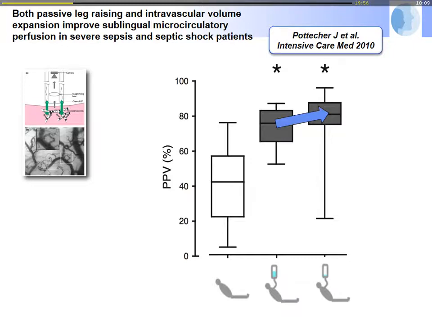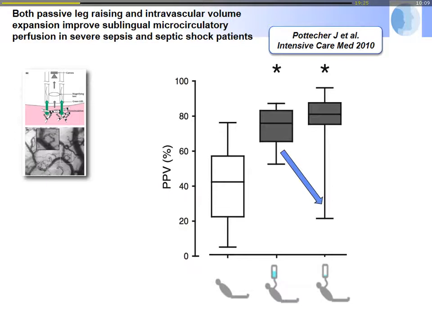And even worse, when you see the standard deviation, you can see that in some patients, we have a decrease in microcirculation. It is why the story is complicated. If, for example, you consider the kidney with the capsule, if you give too much fluid, initially it could be good because you improve the kidney blood flow.